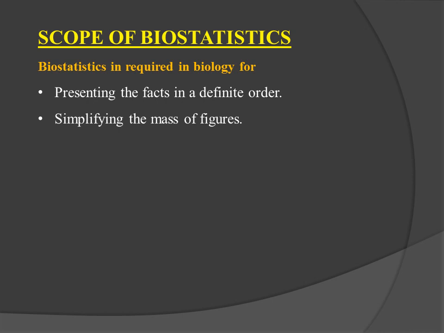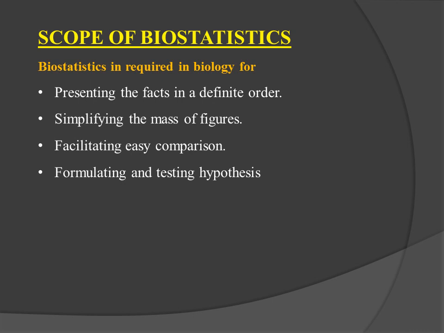That means when there is a need for collecting a large number of data, by using biostatistics, we can simplify them. Facilitating easy comparison. By using biostatistics, we can compare different data very easily. And formulating and testing hypotheses.